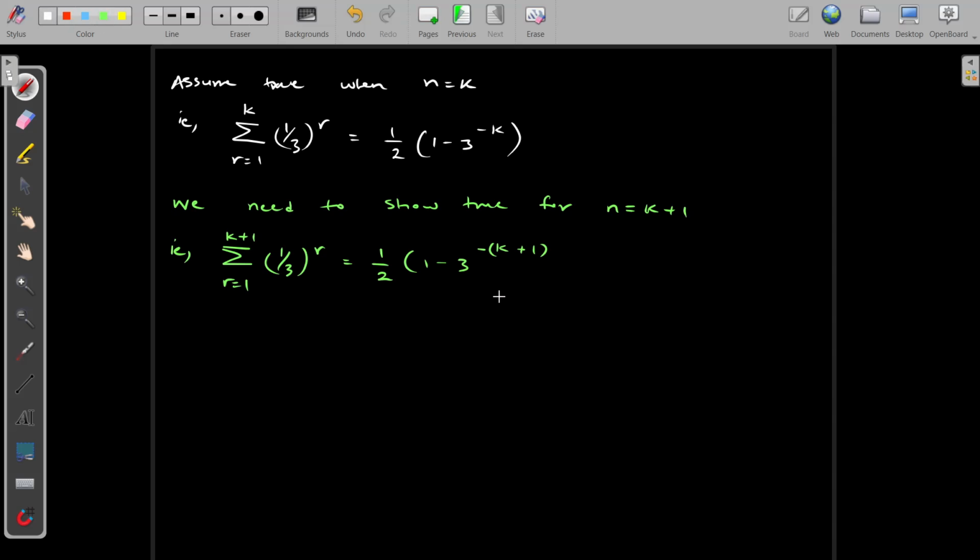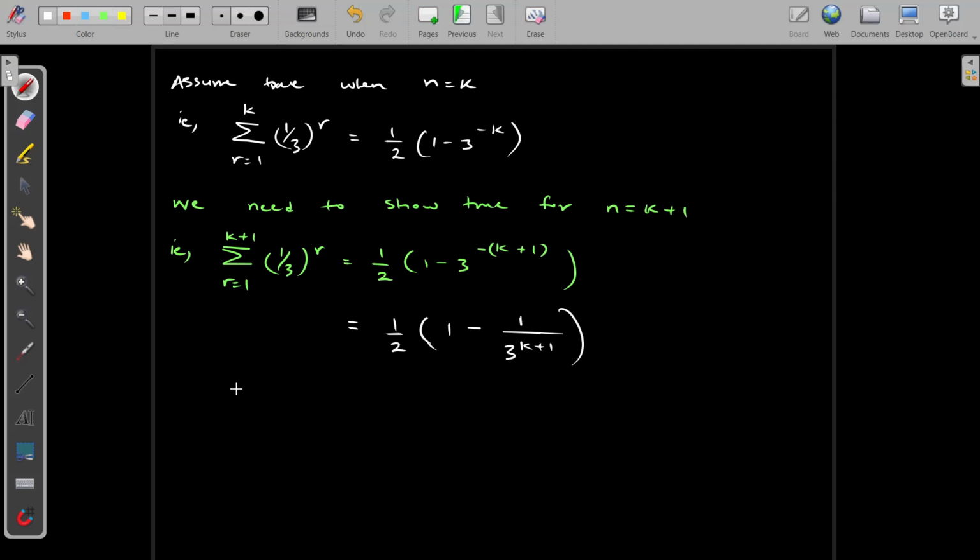Alright, so let's see what we can do here. Let's close our bracket. So remember, we're working to get something that looks like this. Let's see if we can simplify this a bit. So this would be a half 1 minus 1. So this is what we're working towards getting.